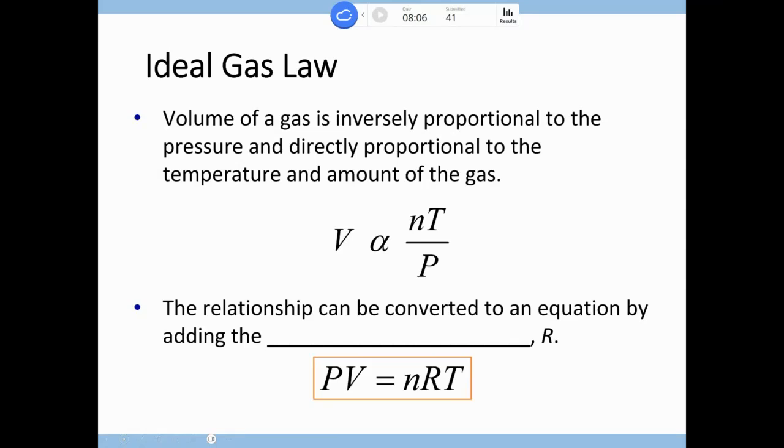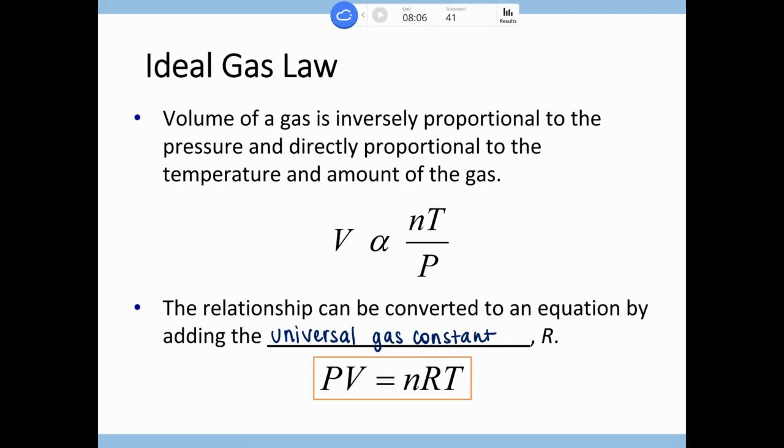So this relationship can be converted to an equation by adding what we call the universal gas constant. And that is R. We will define R on the next slide.